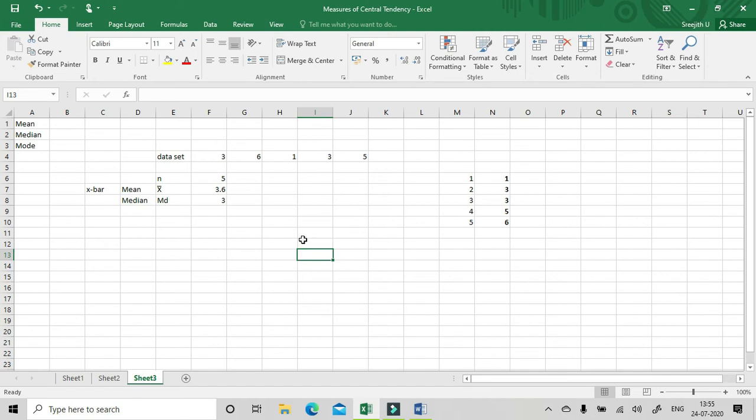So basically in this example we use the formula: n is 5, and n plus 1 is 6, and 6 divided by 2 is 3, and we look at the value corresponding to the third value when the data is arranged in ascending order.